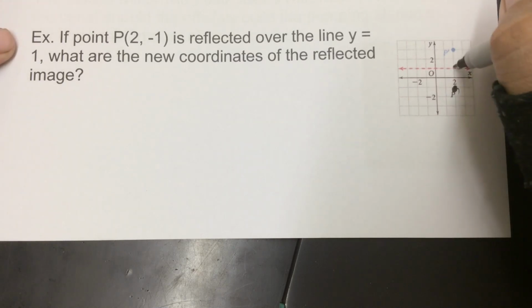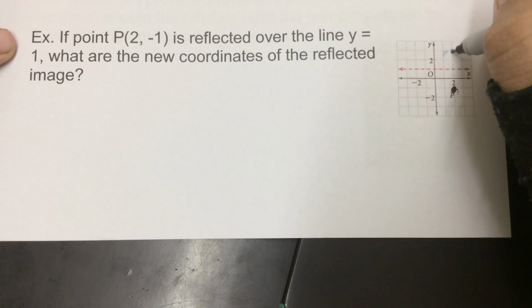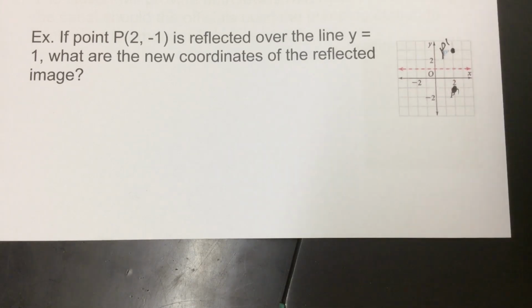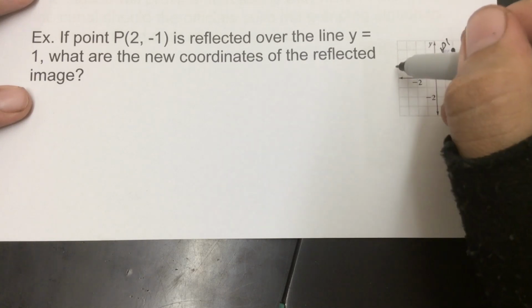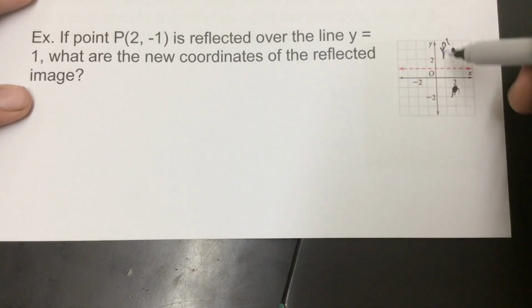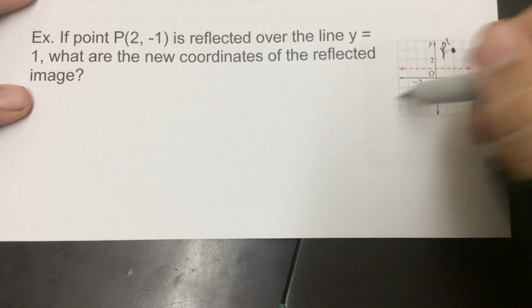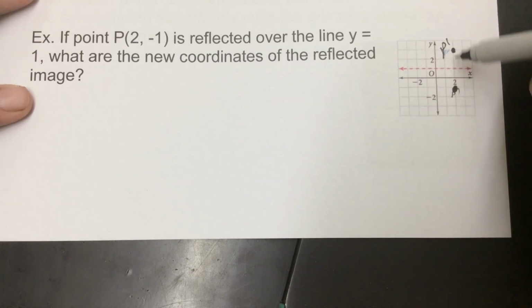We're going to be 2 away to get our P prime. So it's that same distance. But again, we're a horizontal line, so we're only affecting the y's. The x's don't change here. We're the same distance from either side. So if we're 2 straight down, we're going to be 2 straight up.